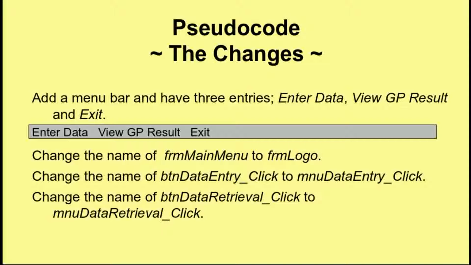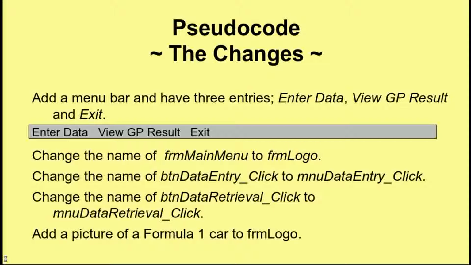Notice that we've changed the BTN to the MNU, but nothing else has changed. Because we designed our code well, we don't have to rewrite everything. We just change a few characters and the code continues to work. And then, yes, we've got to remember to add that picture of a Formula One car to our FRM logo.